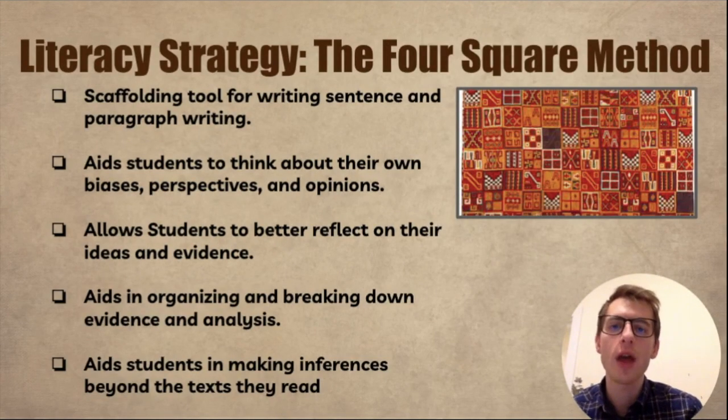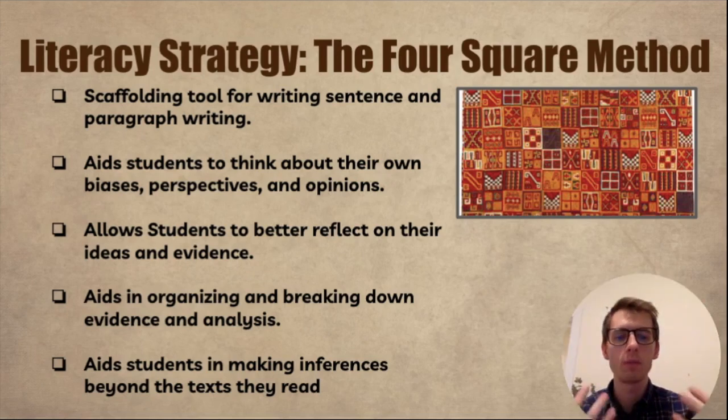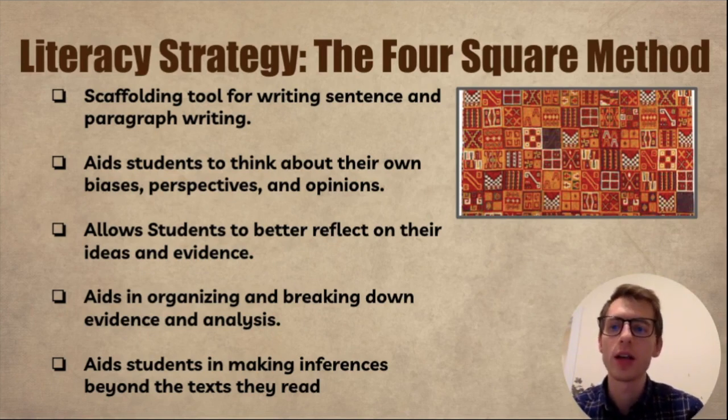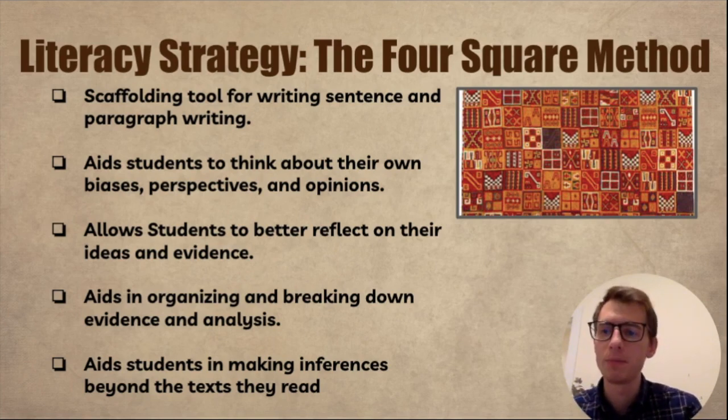So the literacy strategy that I'll be using is the 4 square method, which is a scaffolding tool to help students build their writing by forming sentences that support a topic idea and then eventually create their own paragraphs and essays.